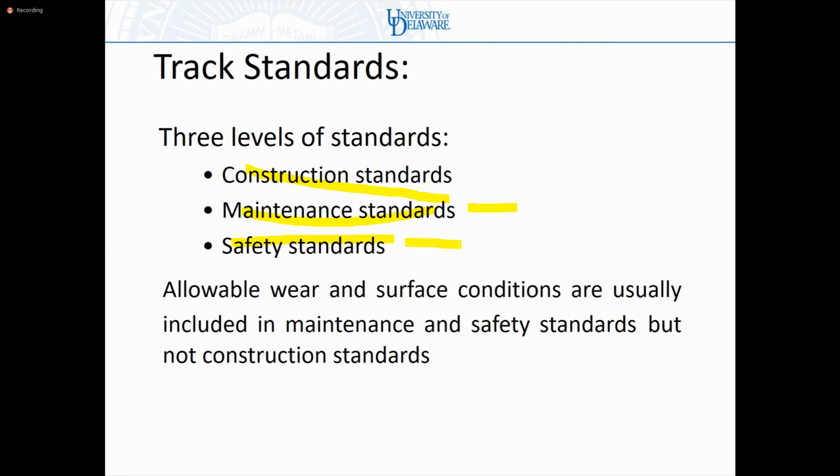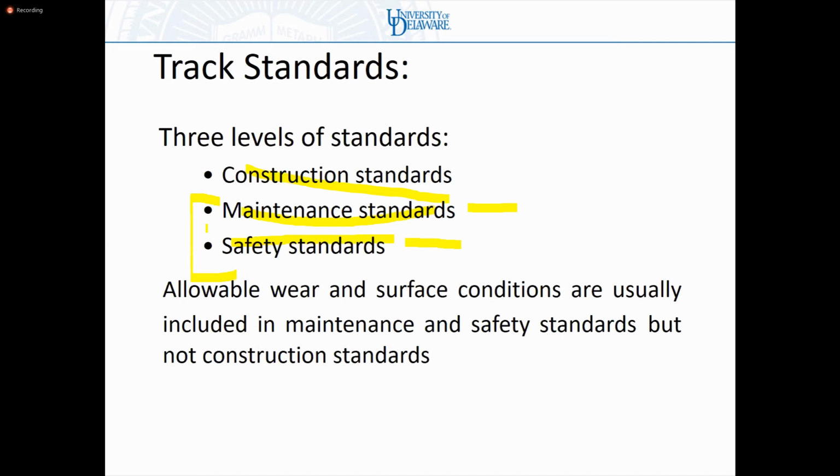The third type of standards are safety standards. Safety standards are absolute. Something is unsafe. I either have to take immediate corrective action or I need to slow my trains down. So both maintenance standards and safety standards are speed dependent.